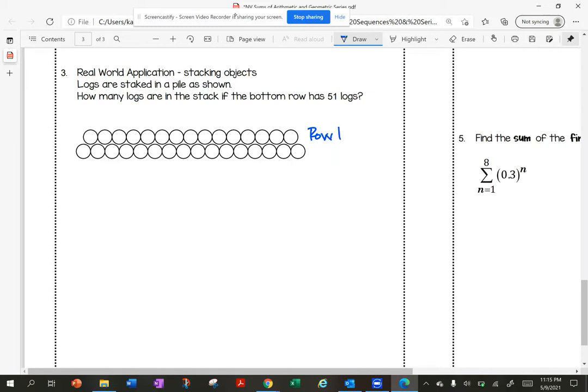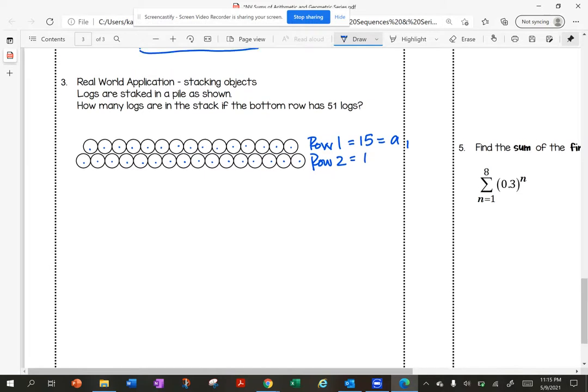Here's row 1, and I have 15 logs. So this is my first term. Row number 2 has 16 logs. So to go from 15 to 16, I know my common difference is 1.